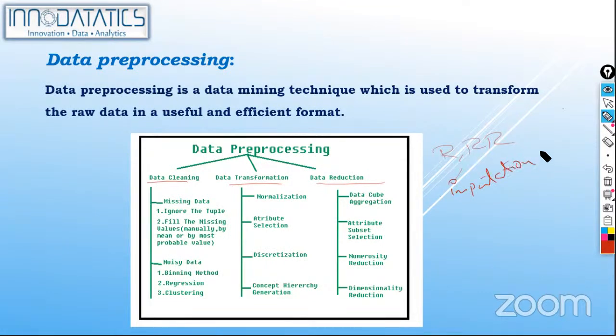For imputation, there are many methods like KNN imputation or linear regression imputation. Or if you have outliers in your data, how do you treat them? That is one thing you can do in your data cleaning.